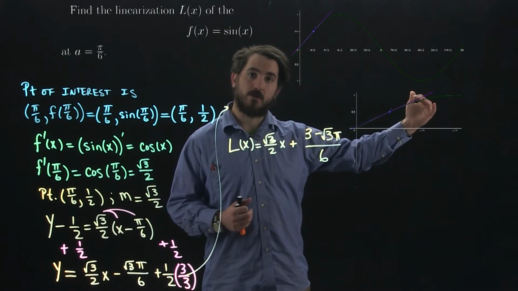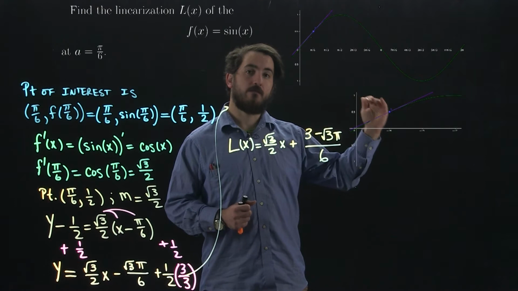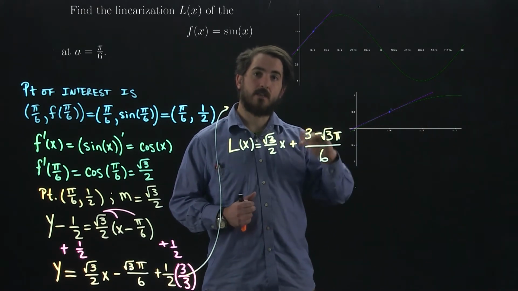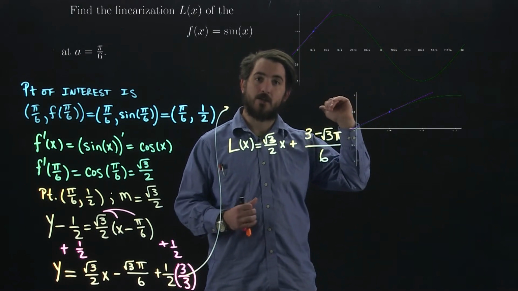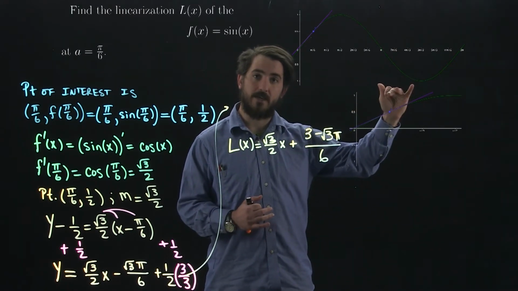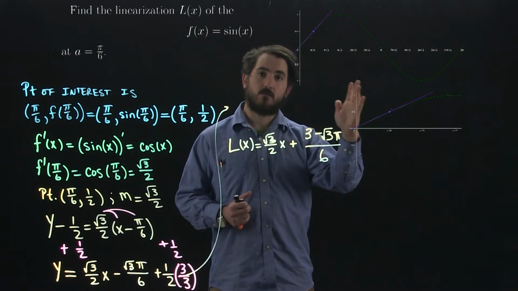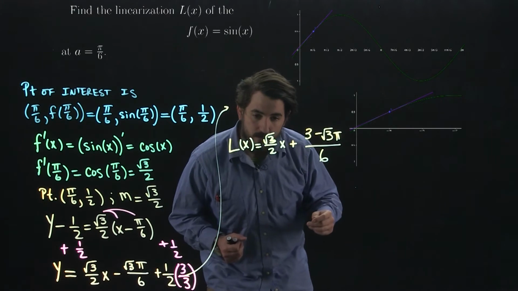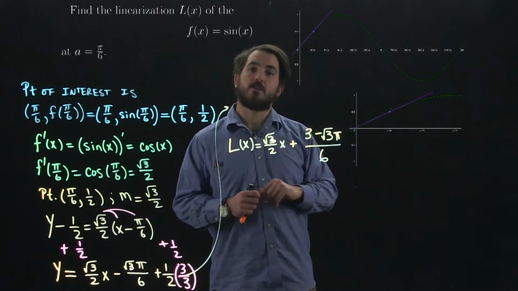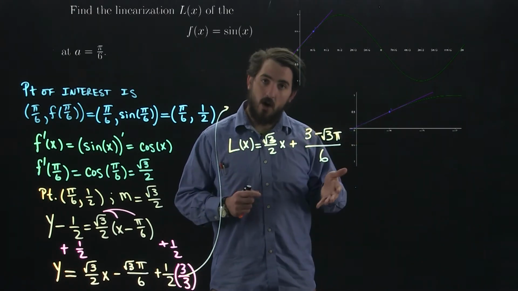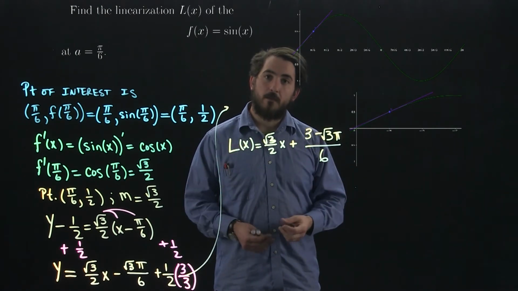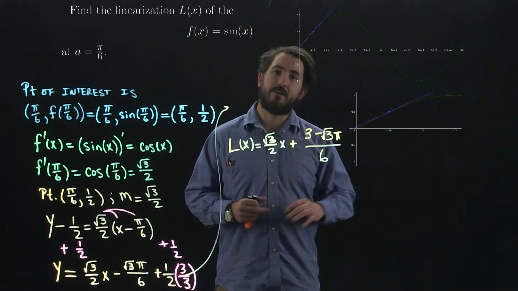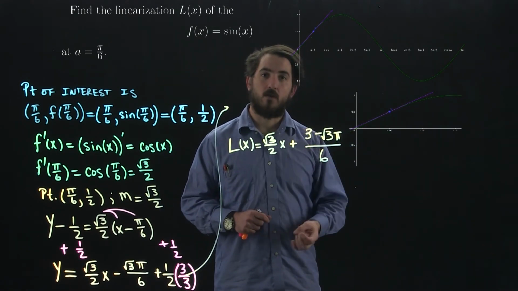To the right of pi over 6, the linear approximation is an over approximation. To the left, we see that the line is above the curve, so that's also an over approximation, and the further we get to the left, the more of an over approximation we have.